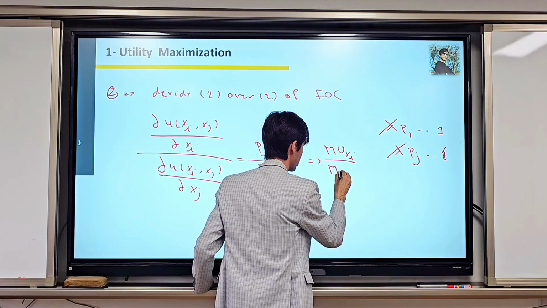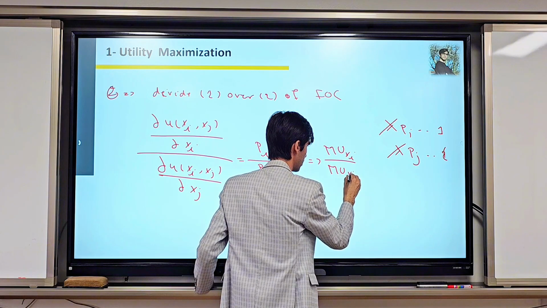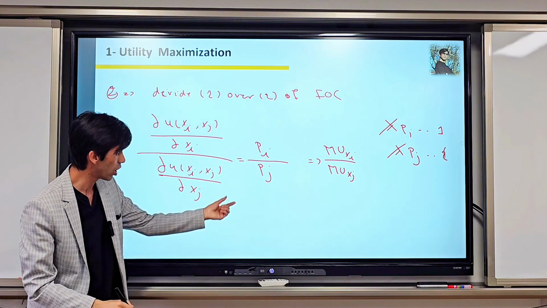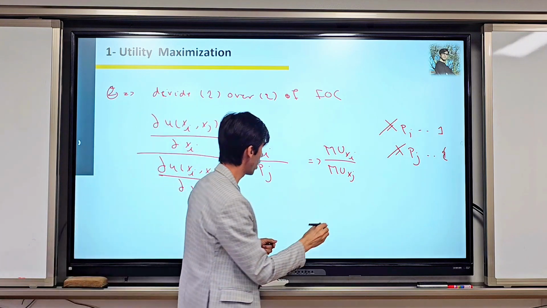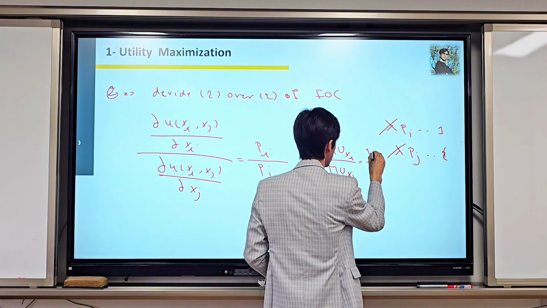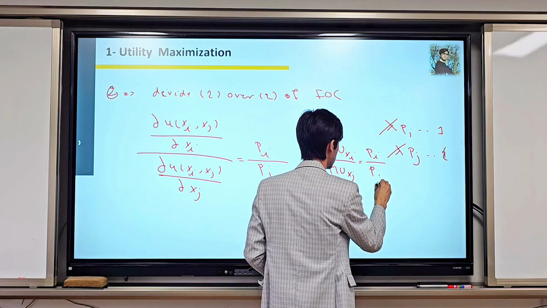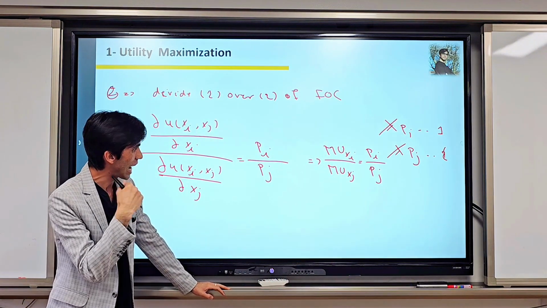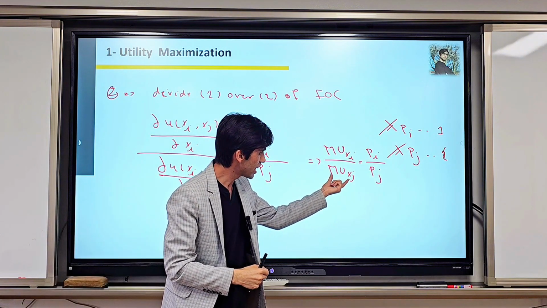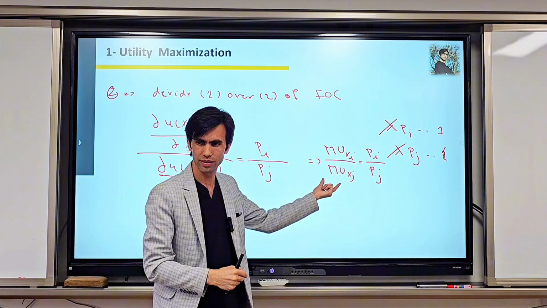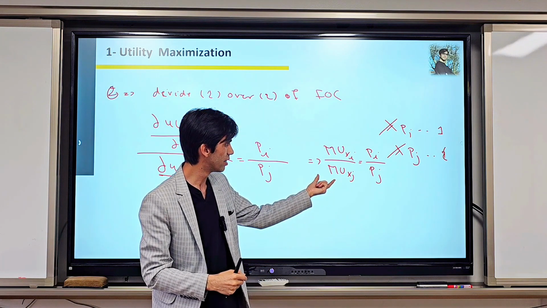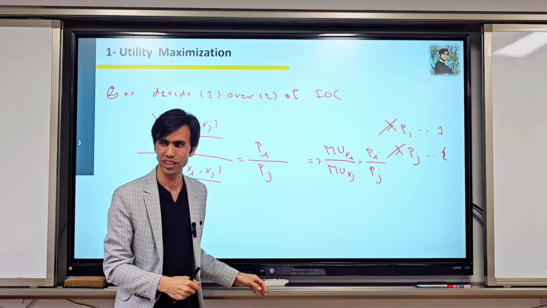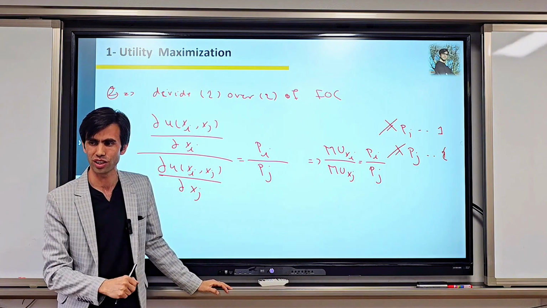And also this one, pi over pj. So again, what is this formula for? Marginal utility of xi divided by marginal utility of xj.